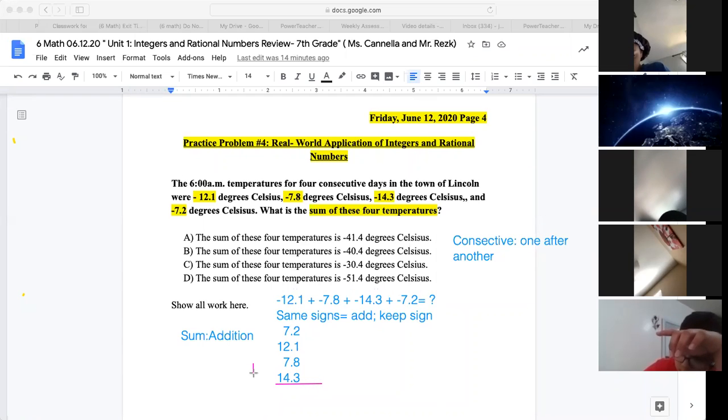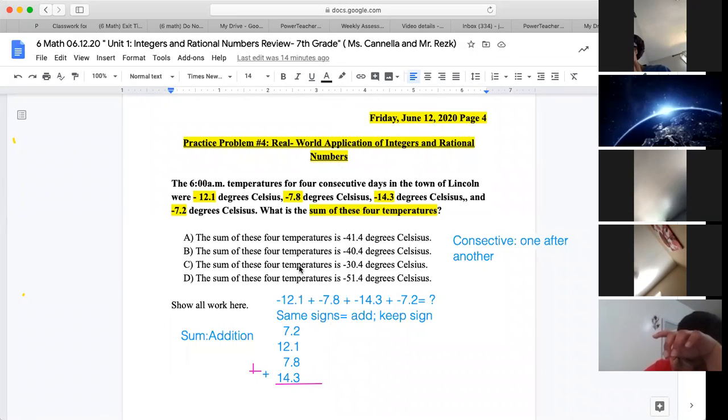We're going to put the plus sign. Now, 2 plus 1, 3. 3 plus 8, 11. 11 plus 4, 15. Oh, wait, hold on. It's not going to let me do that. I have to write this away. Give me 1 second because I got to change the pen. All right, that's perfect.